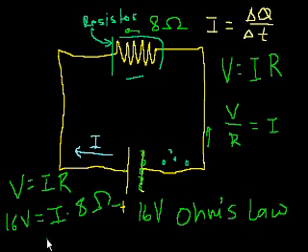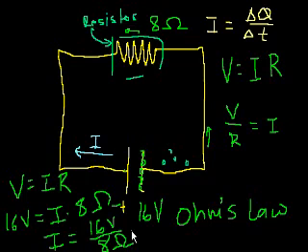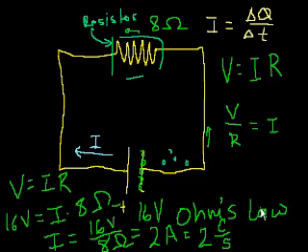So the current is equal to 16 volts divided by 8 ohms, which is equal to 2 amperes, or sometimes they're called amps, and that's the unit for current. But as we know, current is the amount of charge per amount of time. So an ampere is just 2 coulombs per second, right?